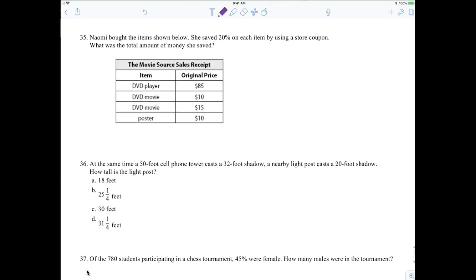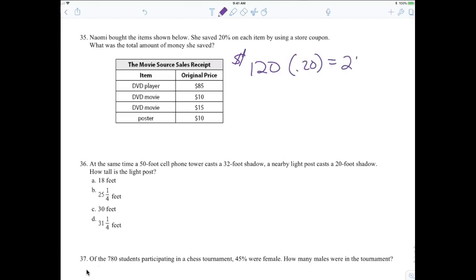So what was her total bill, Will? What was her total bill? Add them all up. Yep, so she spent 120. She would have spent 120, but she gets a $24 or 20% discount. So what would that be? Yes, you multiply by 0.20. That's correct.